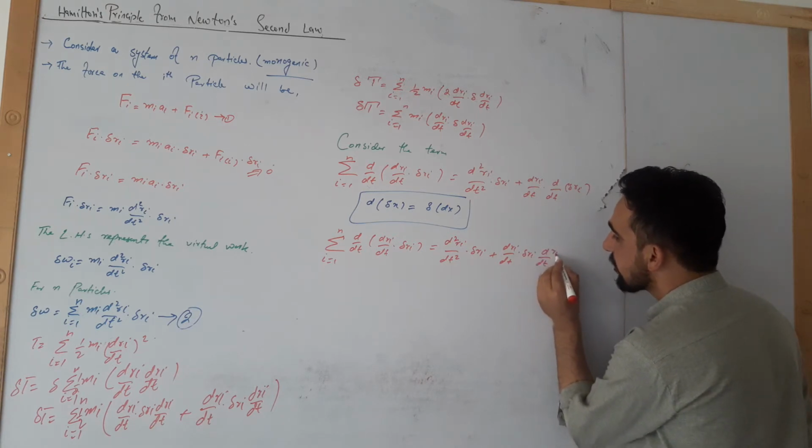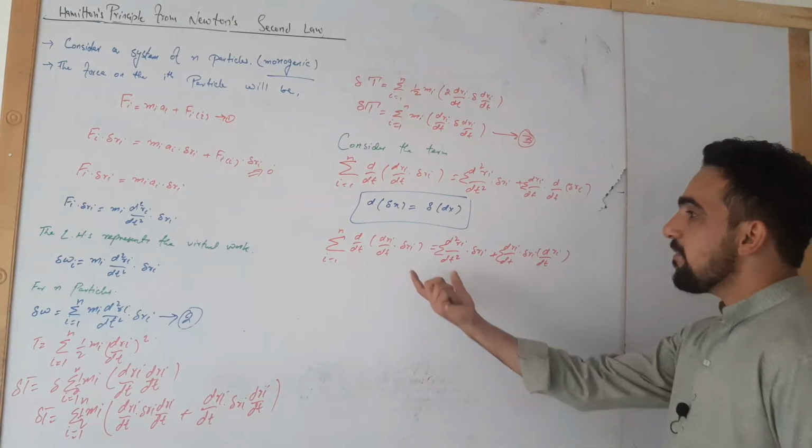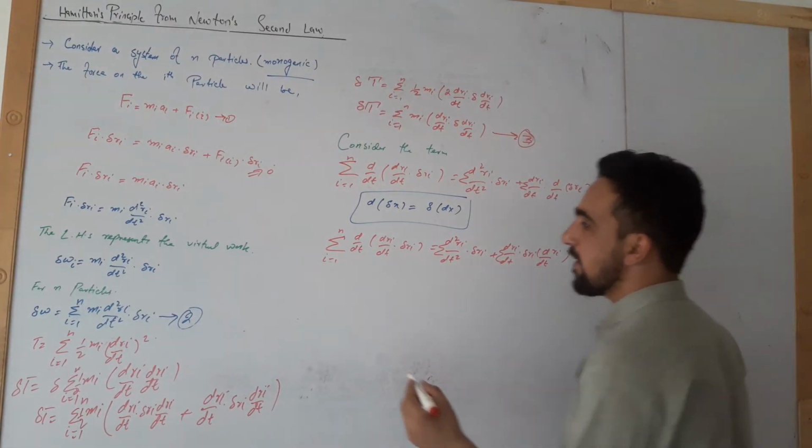Multiply both sides of this equation by Mi.